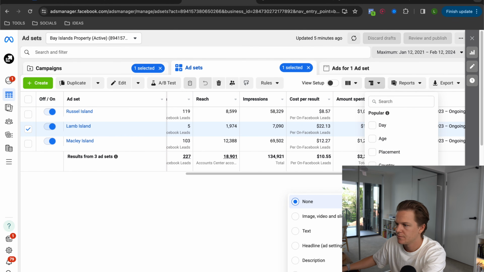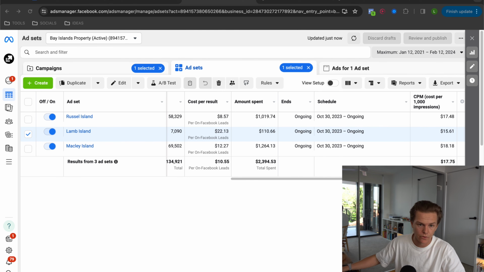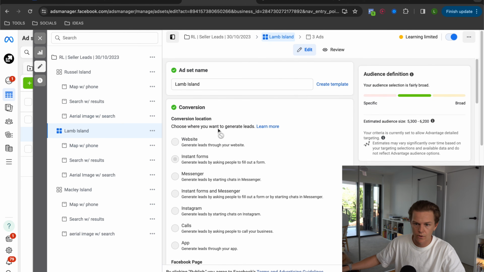Let's pull this up. So our CPM, which is cost per thousand impressions, how much it costs us to reach 1,000 people, is only $18 for this client, which is actually insanely good. So let's say you had an audience size of, let's just see what the audience size is of one of these suburbs. It's only 5,300 to 62,000.